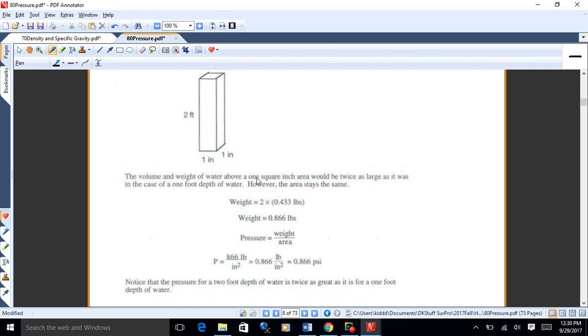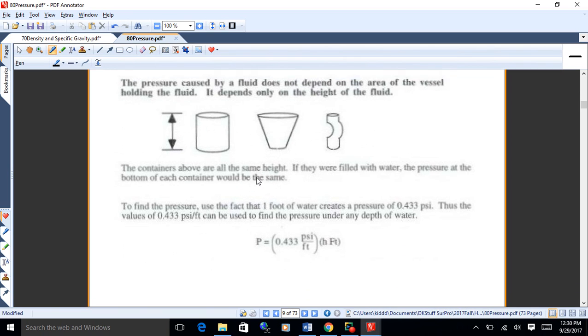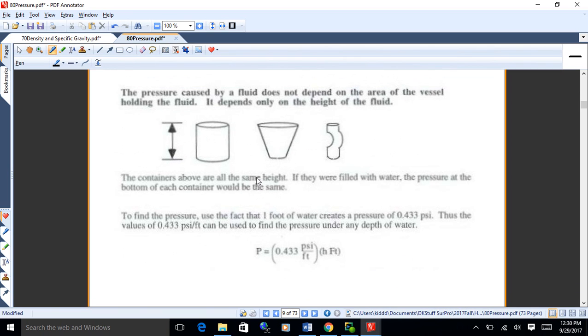And it doesn't really matter what the size, or as it turns out, even shape of the container is. It just has to do with depth. So all you have to do to get pressure is take whatever the depth is times 0.433. That's all there is to it. And you should never make it more complicated than that.